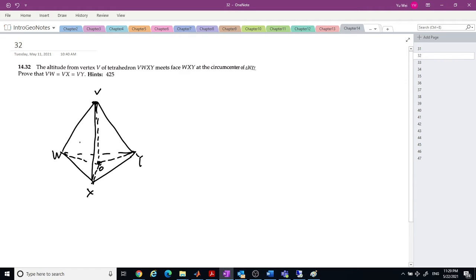That means we have the radius R, and this is the height H. Now you can see WV equals XV equals YV, which is also equal to the square root of R squared plus H squared.